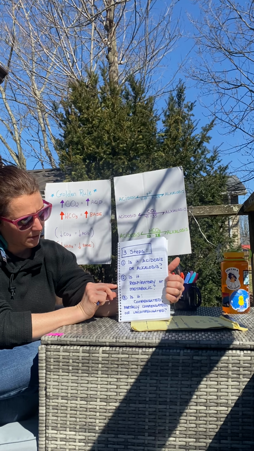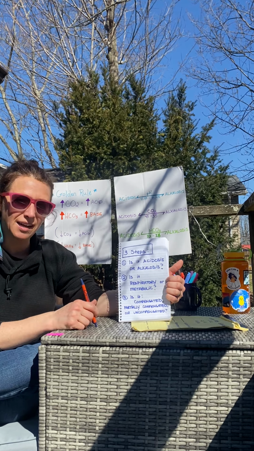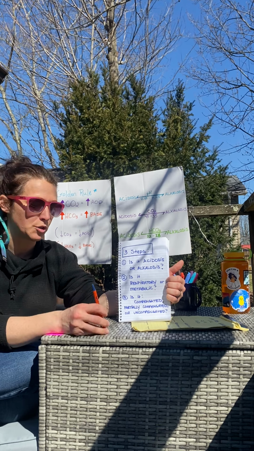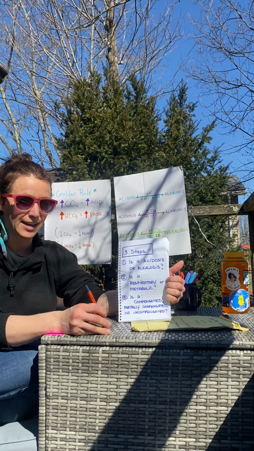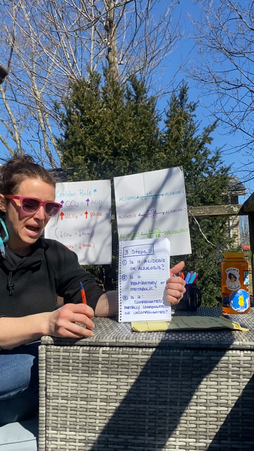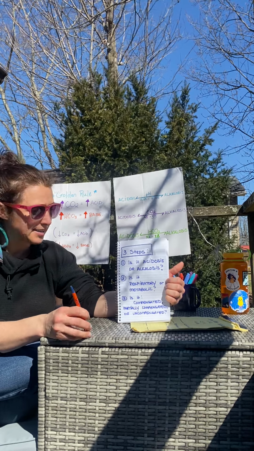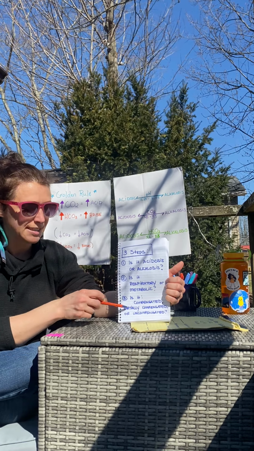Step 2, is this respiratory or is this metabolic, right? And where you get that, again, CO2 is respiratory, right? Because it comes from the lungs. Bicarb is metabolic because it comes from the kidneys, okay? So is it respiratory or is it metabolic?